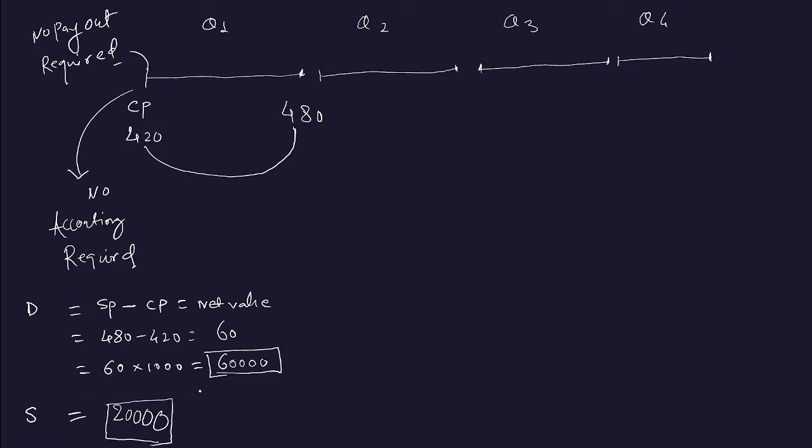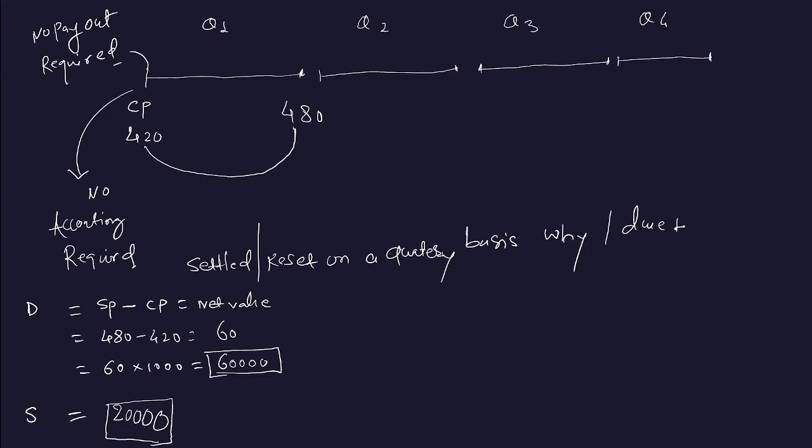See, swap contracts or forward contracts, they reset or settle on a quarterly basis. Here you would expect the question, why? Due to risk.